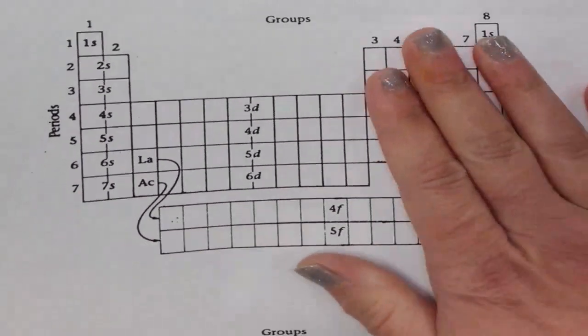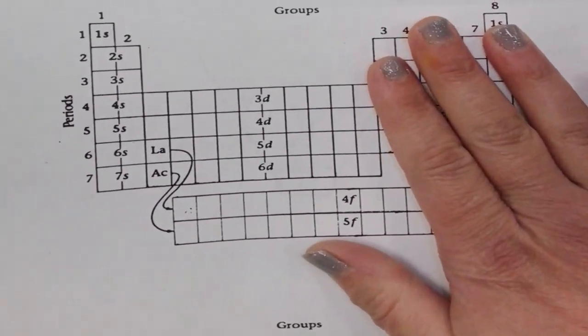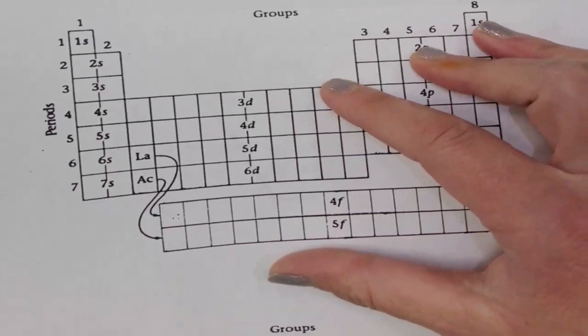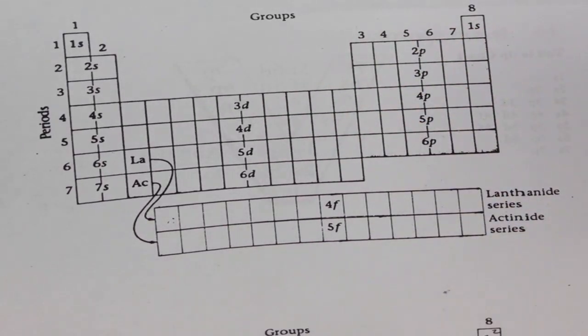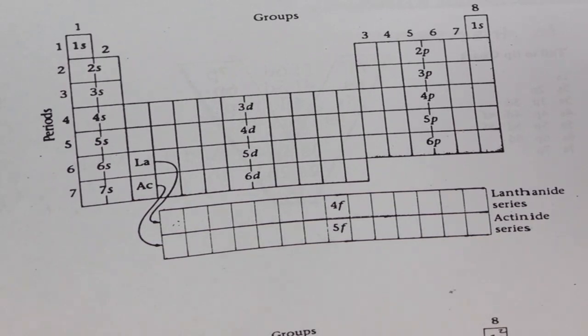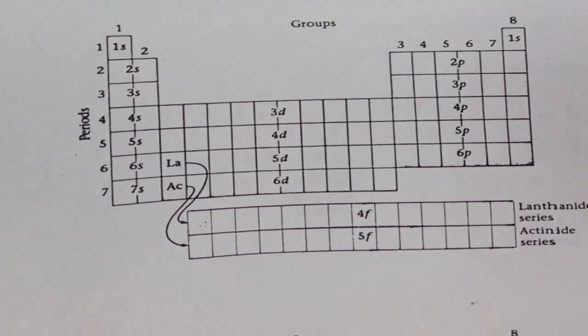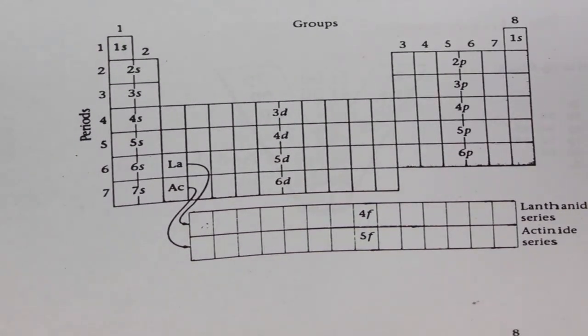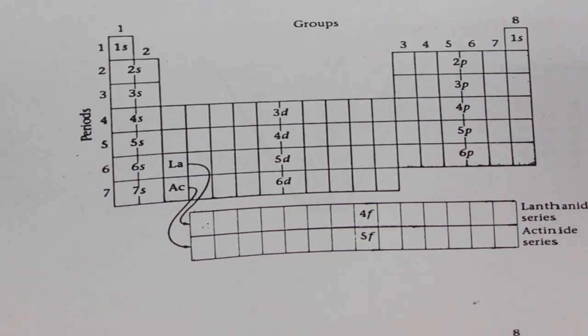I like this way the best because the reality here is you will always be provided a periodic table. So if you know how to use the periodic table, then you'll be able to do electron configuration. All right. So here we go, electron configuration.